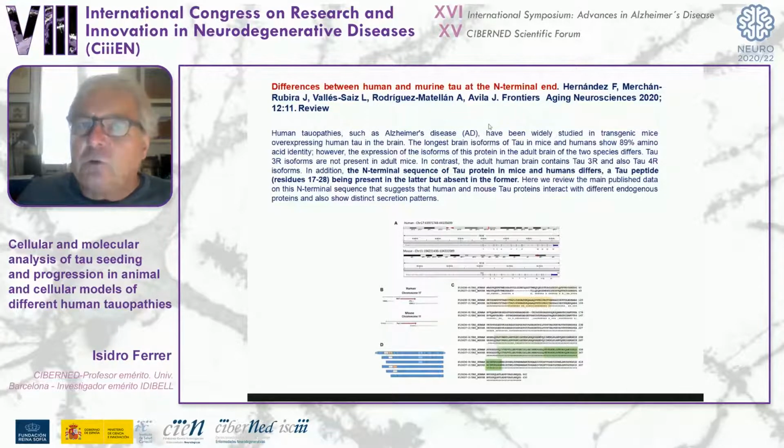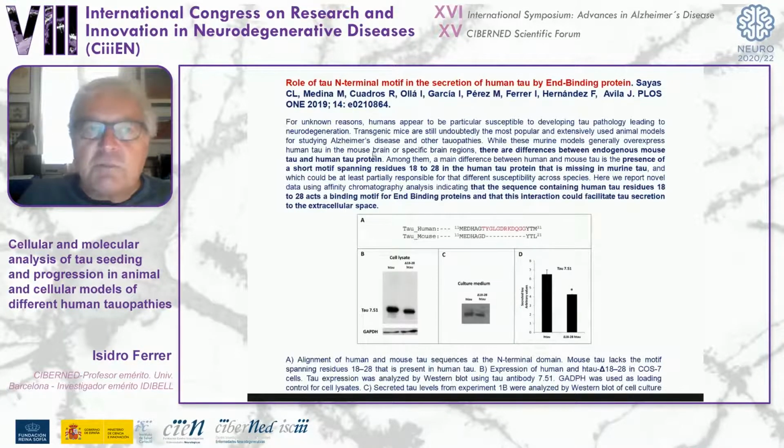So it's very important to understand the difference between murine tau, for example, and human or primate tau. Here we have seen that the N-terminal sequence of tau is very important. It differs from mice to humans.